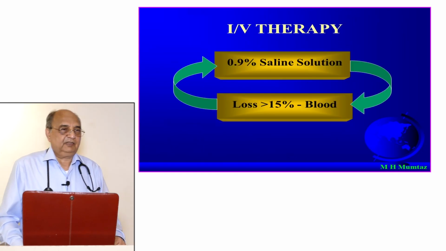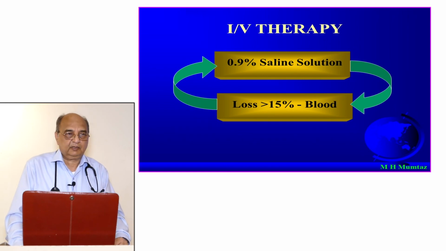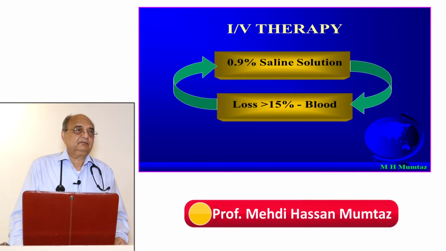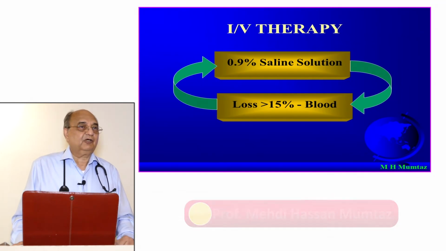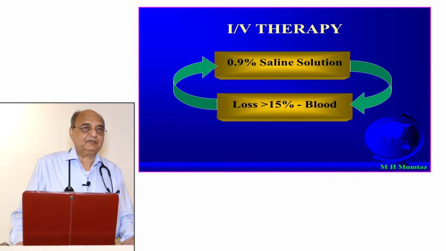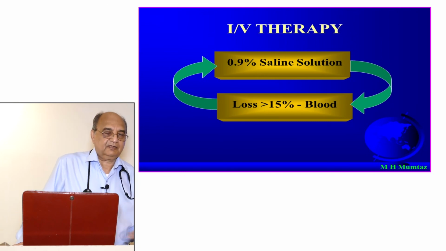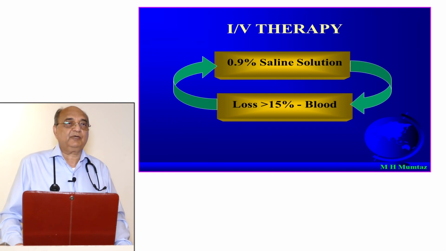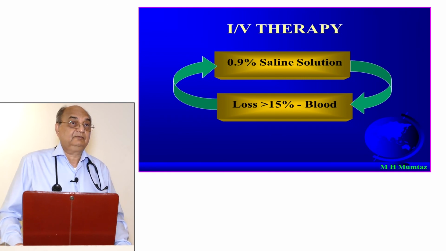IV therapy in these patients, intraoperative or postoperative. There should be 0.9% saline. Never ever say normal saline. Give 0.9% saline. There is nothing like normal saline. A normal solution is one which contains 1 gram equivalent in 1 liter.